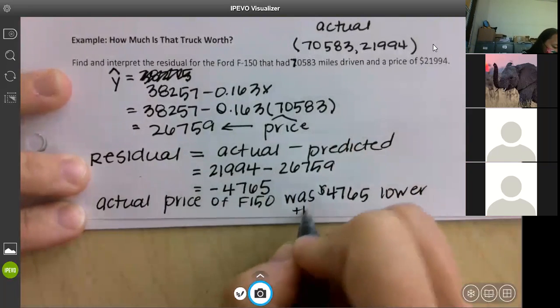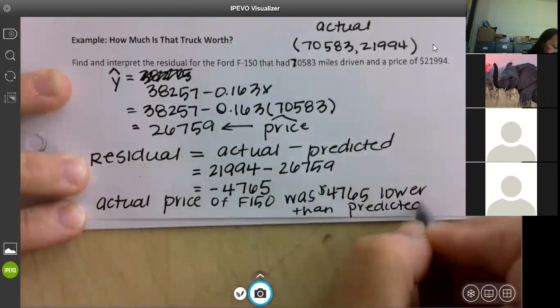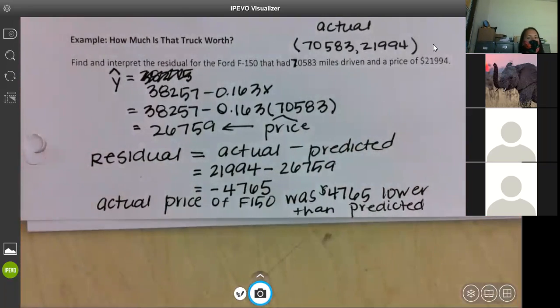That's all you got to do. You could say the predicted price was $4,765 higher. It doesn't matter as long as you get it the right distance. You're going to flip it when you're done.